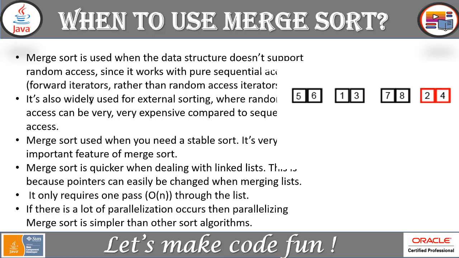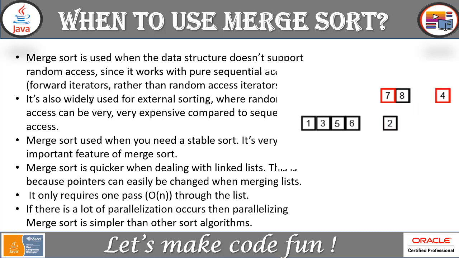Merge sort is used when you need a stable sort. It is a very important feature for merge sort. Stable sort means we have to make sure we have a reliable and more accurate process of the data structure instead of a fast one.